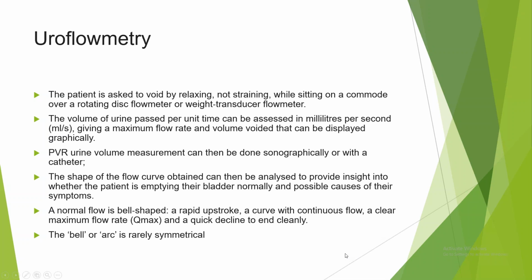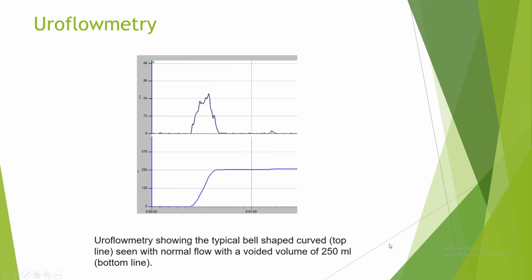Then the shape of the flow curve is obtained graphically on the monitor. This curve is bell-shaped with a rapid upstroke, continuous flow, a clear maximum flow rate, and a quick downstroke. But the bell or arc is not always symmetrical. Usually they give a representative bell-shaped graph, but this bell is usually not symmetrical. Can you see? This is the bell-shaped curve.